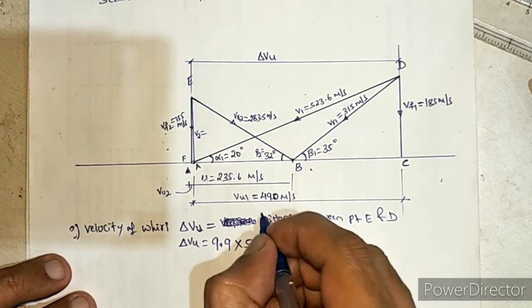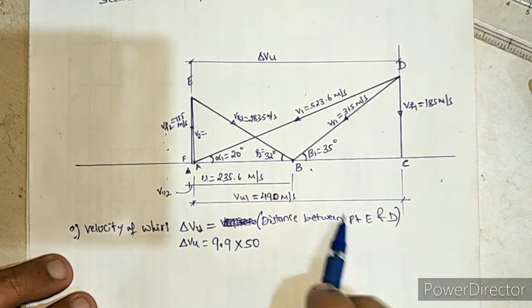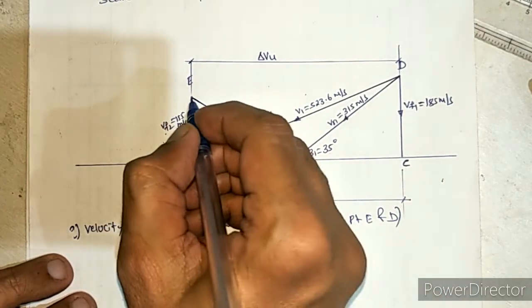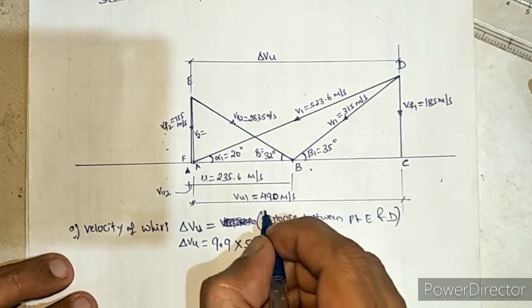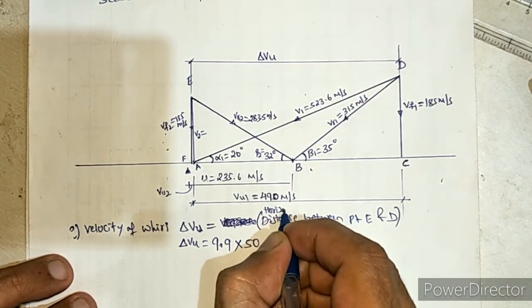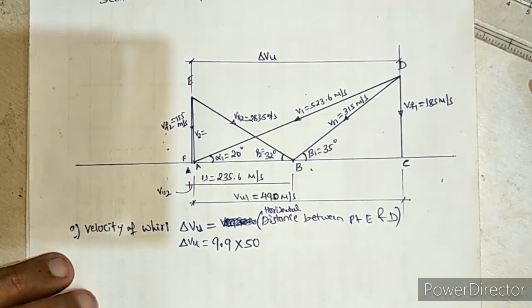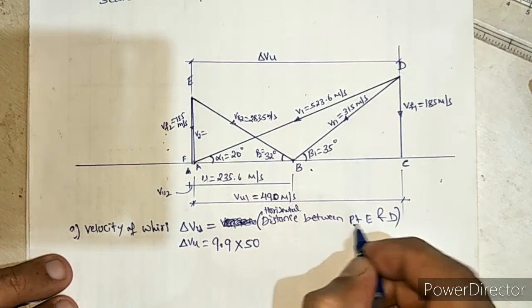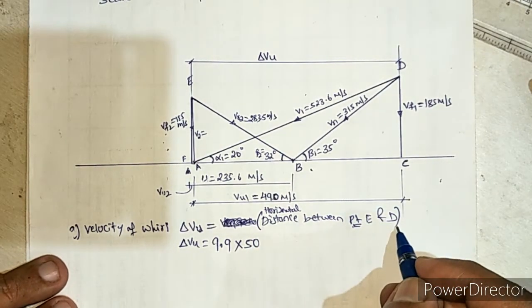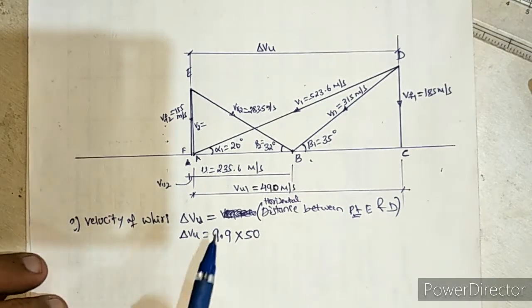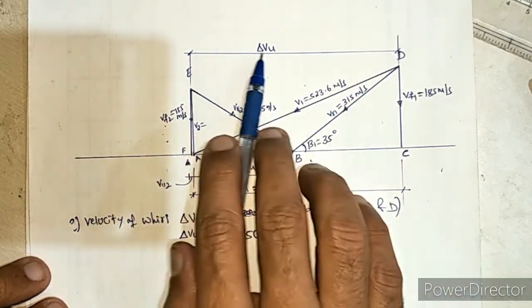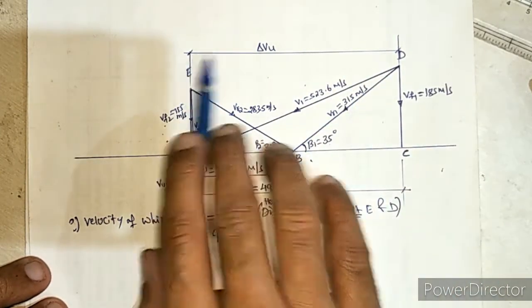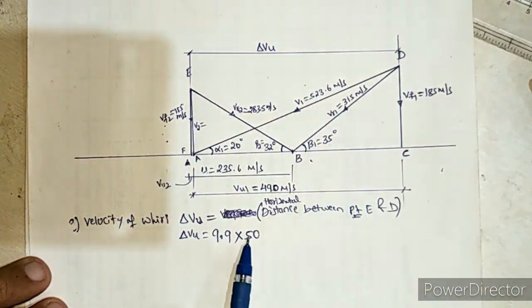It is the distance between point E and D, the horizontal distance. The total distance is 9.9 centimeters multiplied by 50.